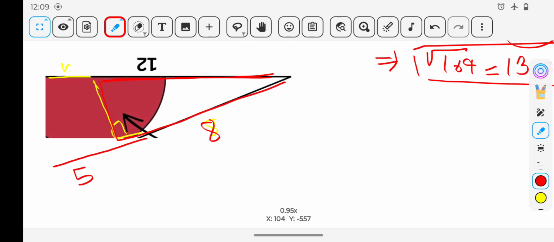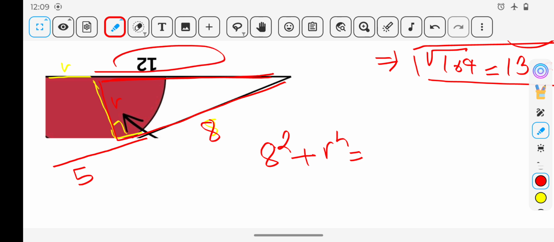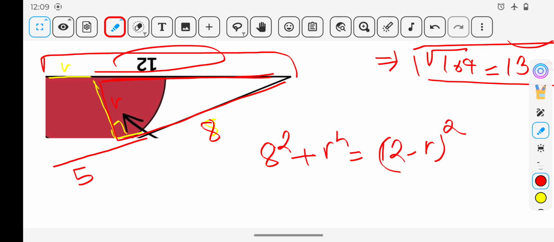So this is the base, this is the hypotenuse, this is the height. So we can write here: base, that is 8 square, plus height, that is R square, equals, if the total length is 12, this will be 12 minus R, so 12 minus R whole square. Did you get that?